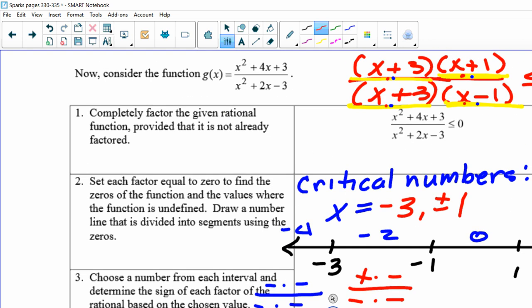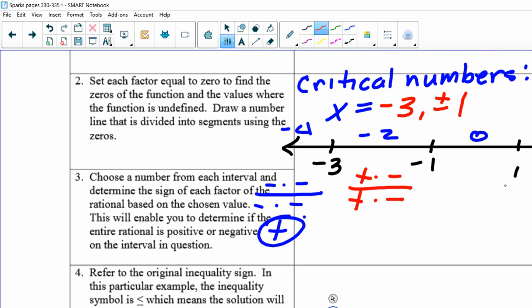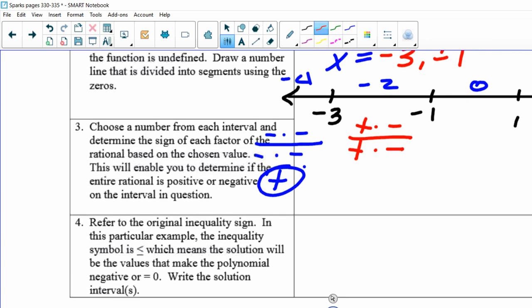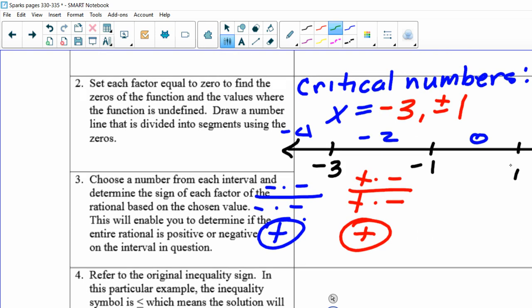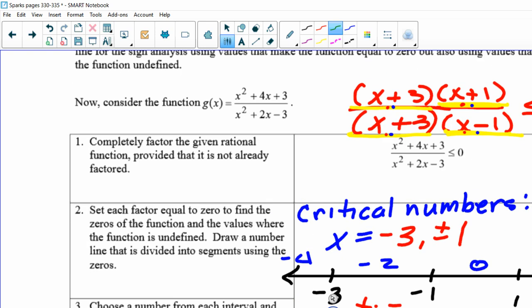Oh, sorry. You're right. So what have I got here? You've got to catch me when I screw up because I'm good at it. When x is 0: positive and a positive. Positive, negative.